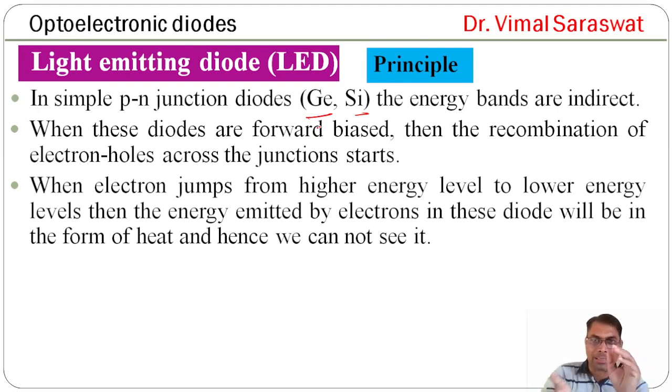In a simple PN junction diode, this energy lies in the invisible region, so we cannot see it. The energy emitted by the electron in these diodes will be in the form of heat, and hence we cannot see it.